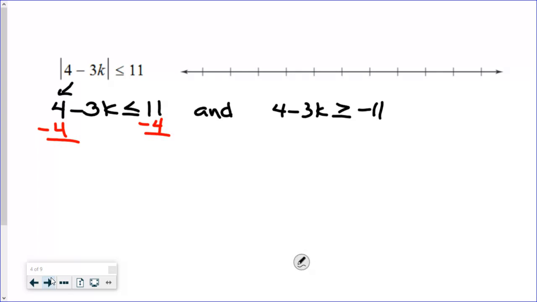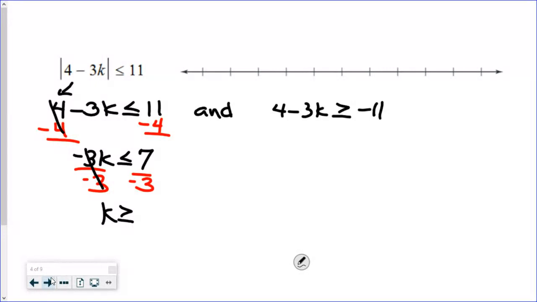Okay, so I get careful. -3k is less than or equal to 7, right? Okay, and then when I divide by -3, I must flip the sign.